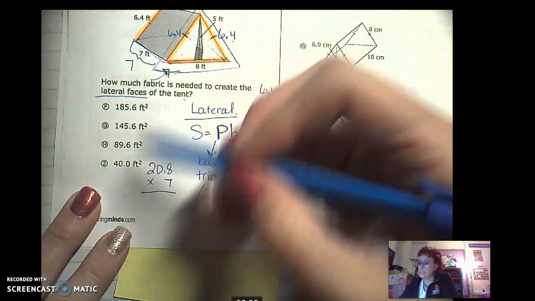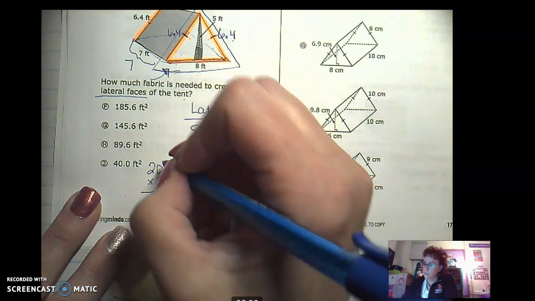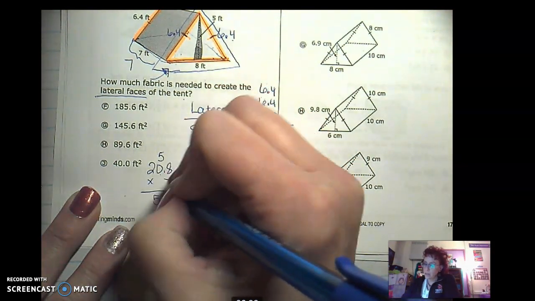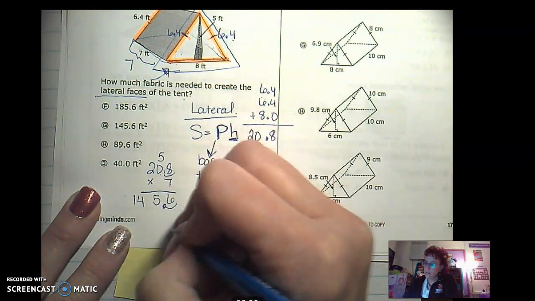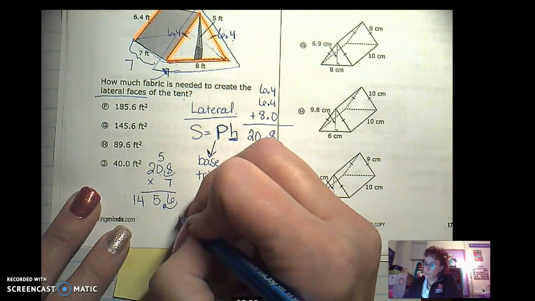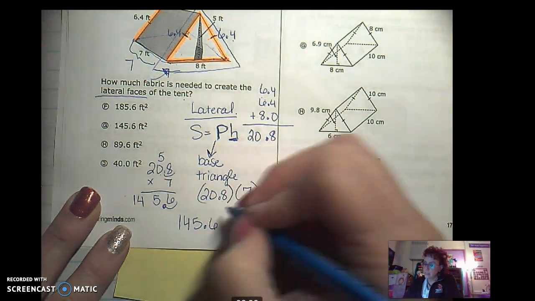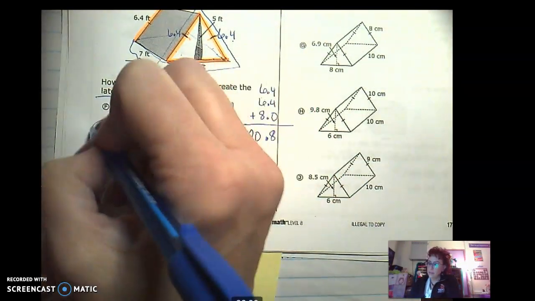We don't need to. We only need the gray rectangular sides. So that's 56. 0, 5. 1 decimal place. Okay, so we have a lateral area of 145 and 6/10 feet squared. And bam, there we go, right there.